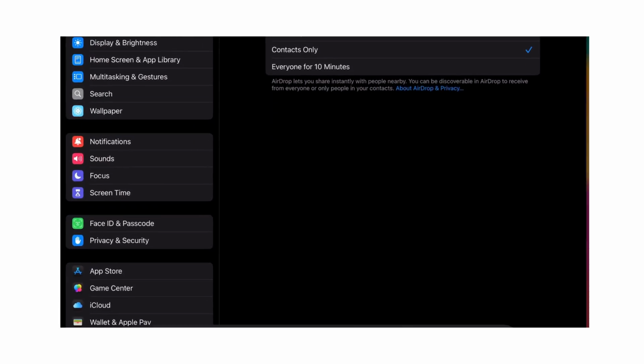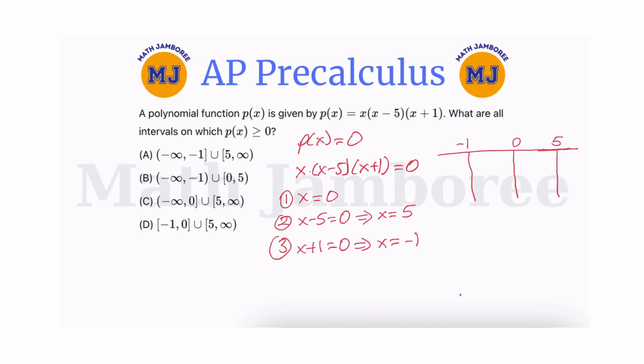So P of negative 2 equals negative 2 times negative 2 minus 5 times negative 2 plus 1.